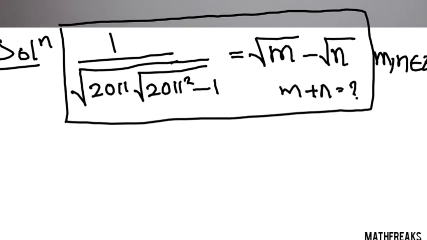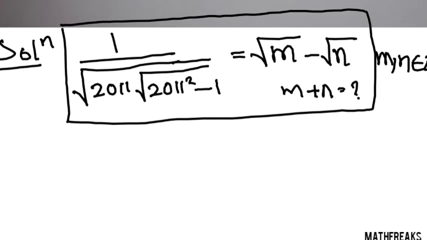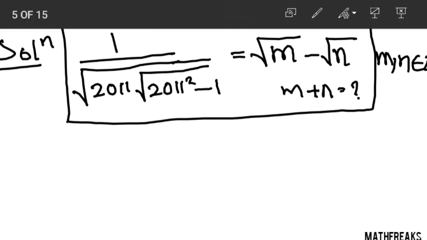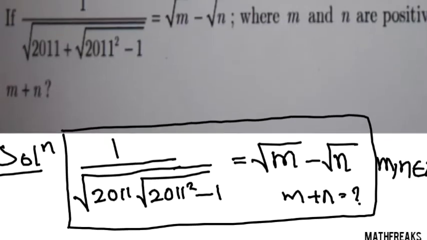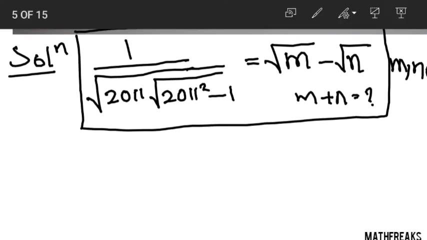Now whenever you get such questions with an irrational denominator, you have to first rationalize the denominator. To rationalize it, what we can do is, I guess, yes, there's a plus. Okay, there's a plus.